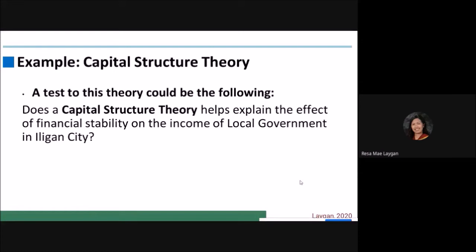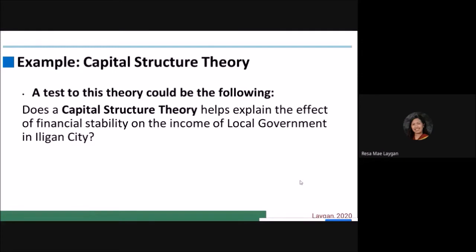You might think that the debt ratio or the debt to equity ratio, which are indicators of your financial stability, may have an effect on the market value or the income of your local government in Iligan City. So it might be that this capital structure theory helps to give a tentative answer to your main research problem.